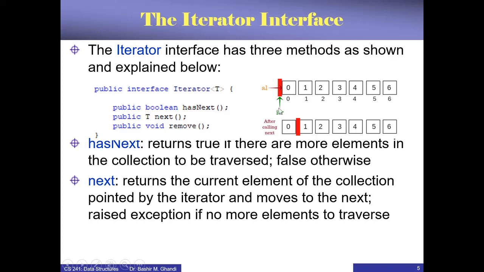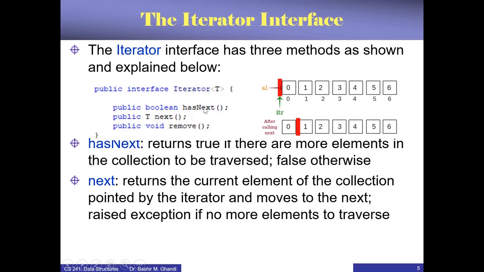Assume that pointer is initially pointing to the first element in the list. The hasNext method will return true if this pointer is not null, meaning there are more elements to traverse. It will only return false after it has reached the end of the list.